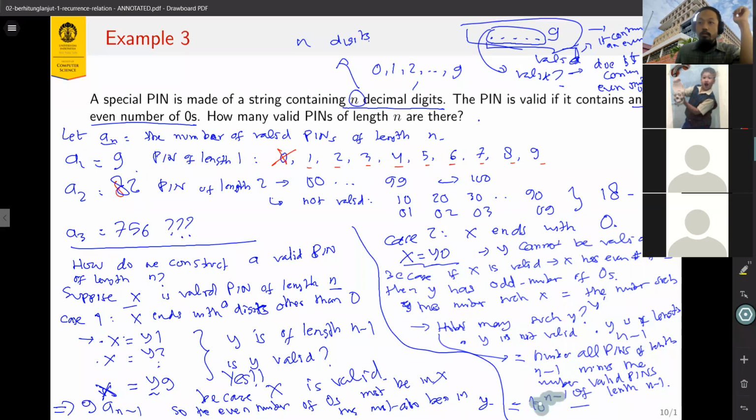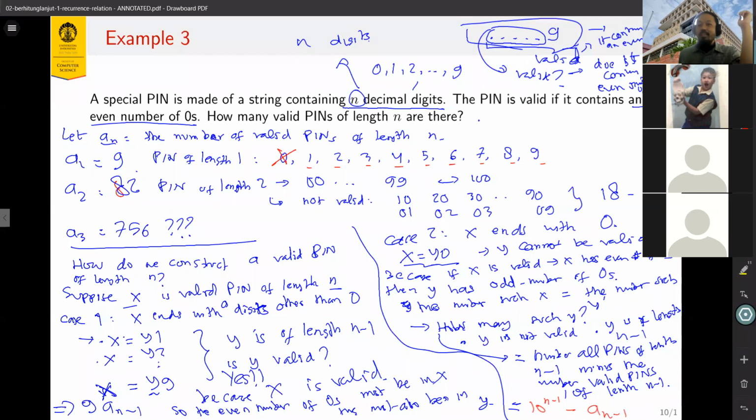Let me use the red. Minus what? How many valid pins of length n minus 1? You don't know yet? a n minus 1. Correct, that is exactly right.